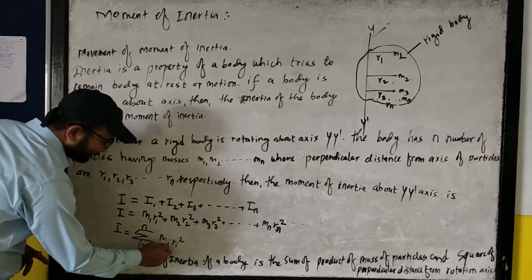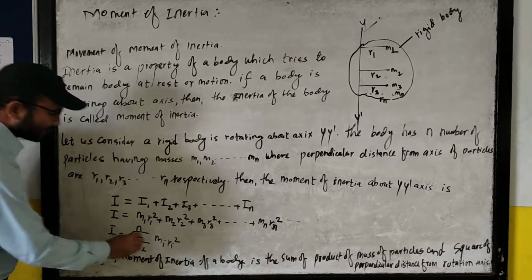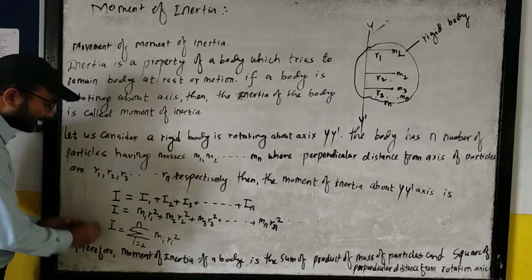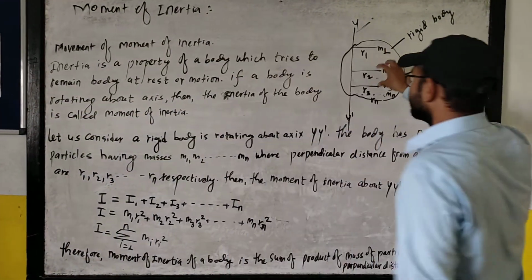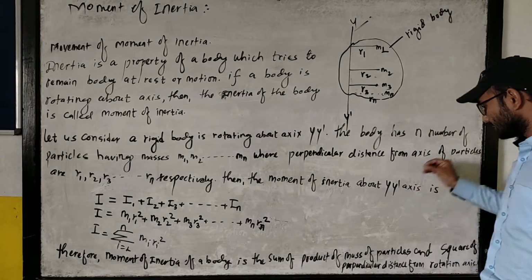When we multiply them and add all the particles' moments of inertia, we get the total moment of inertia of this rigid body. In this way we can calculate. Thank you.